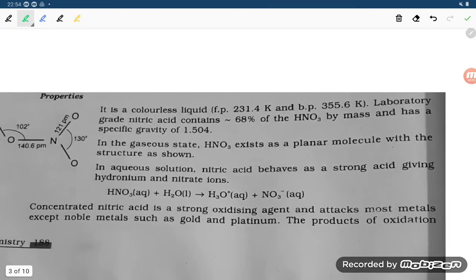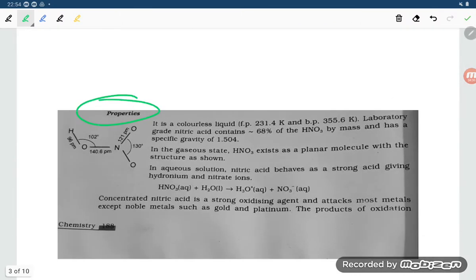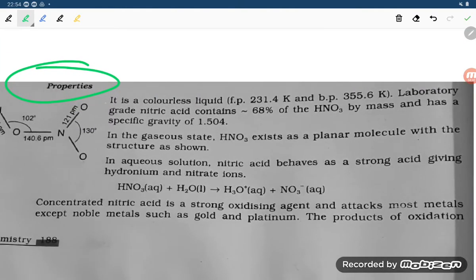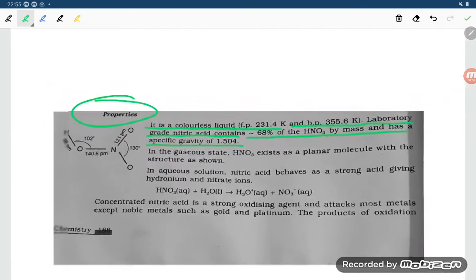Now let us look at the next point, properties. It is a colorless liquid. Freezing point is 231.4 Kelvin and boiling point is 355.6 Kelvin. Laboratory grade nitric acid contains 68% HNO3 by mass and has a specific gravity of 1.504.